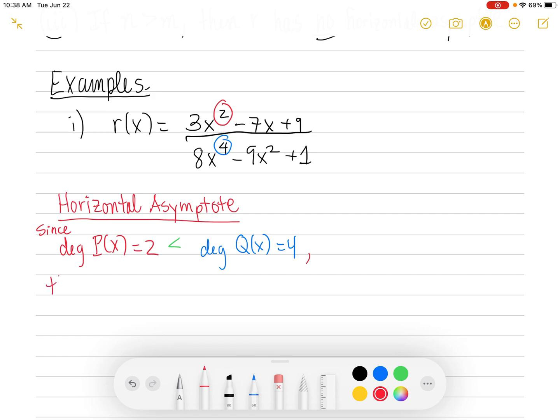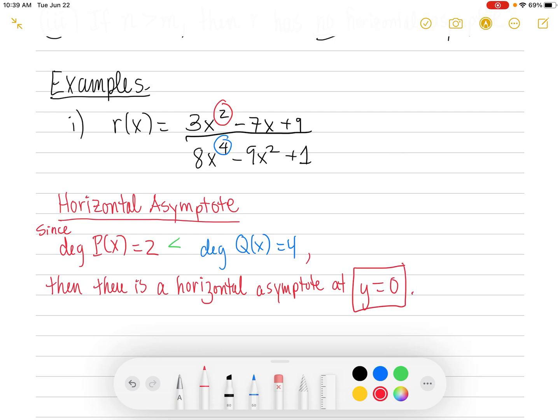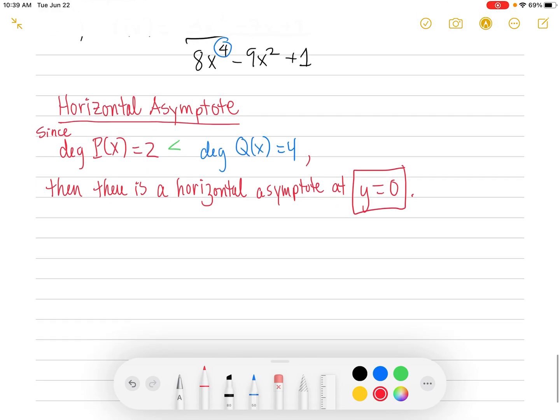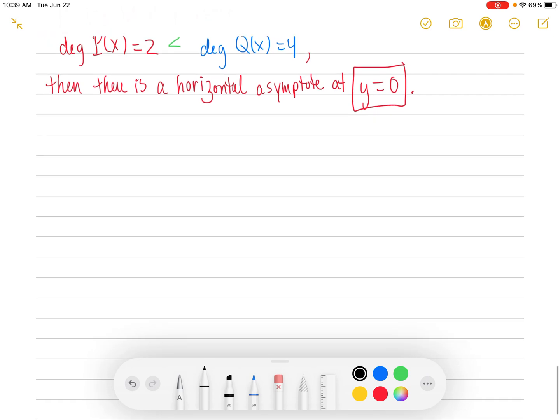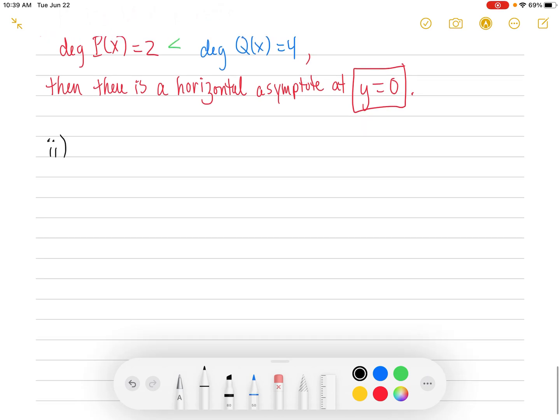So since the degree of the top is smaller than the degree of the bottom, there is a horizontal asymptote at y equals 0. So when the top has a smaller degree than the bottom, you have a horizontal asymptote at y equals 0.